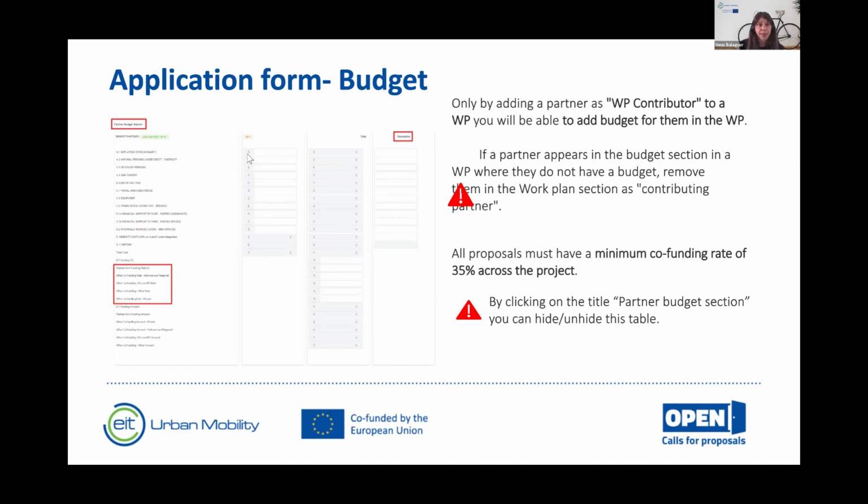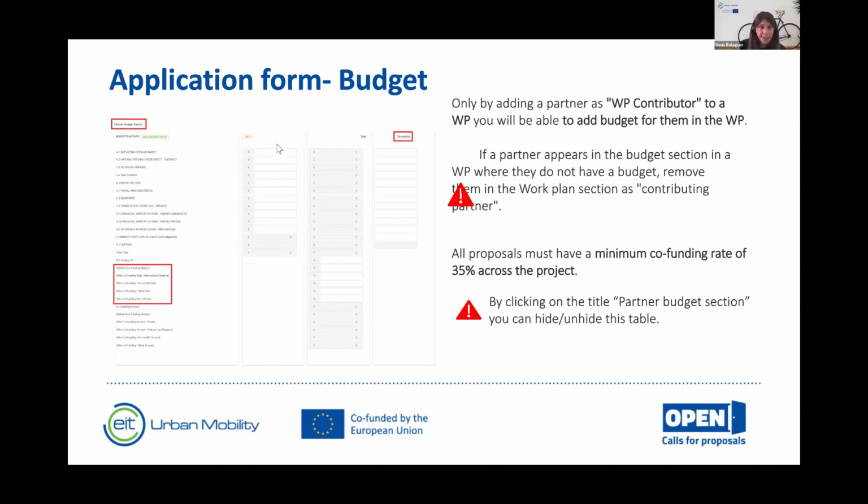This is the example that I want to give you to make you realize that only the partners that are added as work package contributors will have the work package mentioned here. In this case, this partner is only mentioned as a work package contributor under work package 1.